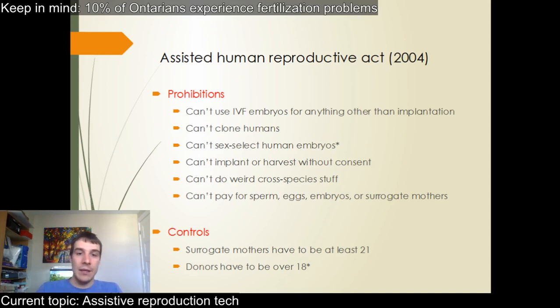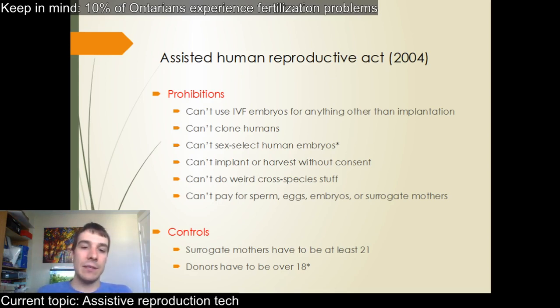You can't implant or harvest without consent. I mean, that just kind of goes without saying. You can't do any weird cross-species stuff, so you can't try to implant a cow embryo in a human or a human embryo in a cow or any kind of thing like that. So there's like a whole chunk of the act that's like, yeah, can't do any of this.